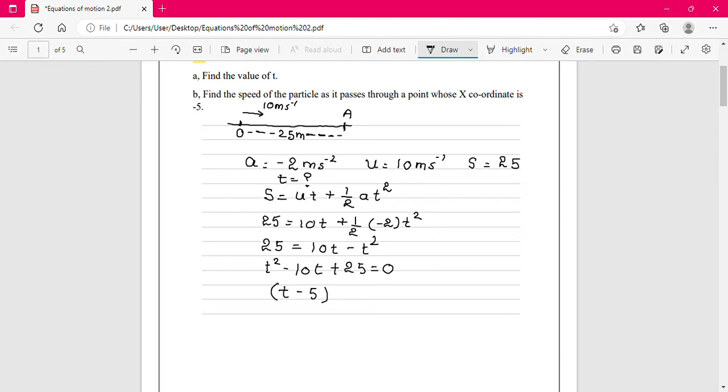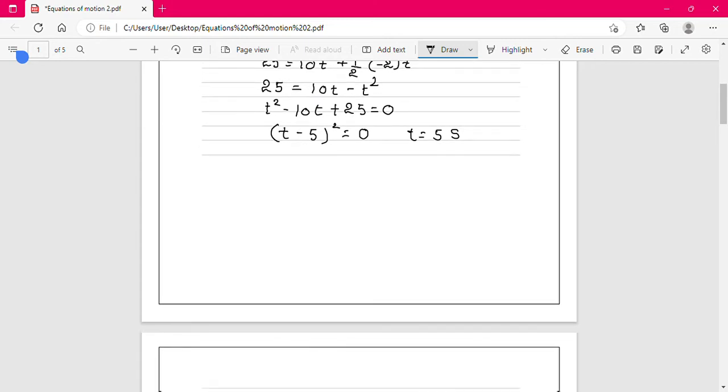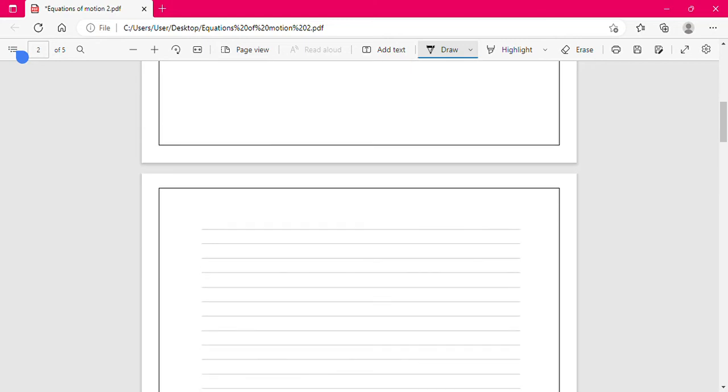The factors of this quadratic are negative 5 and negative 5. That means you will get t is equal to 5. That means at t is equal to 5 seconds, the particle will pass the point A whose coordinate is 25 on x-axis.